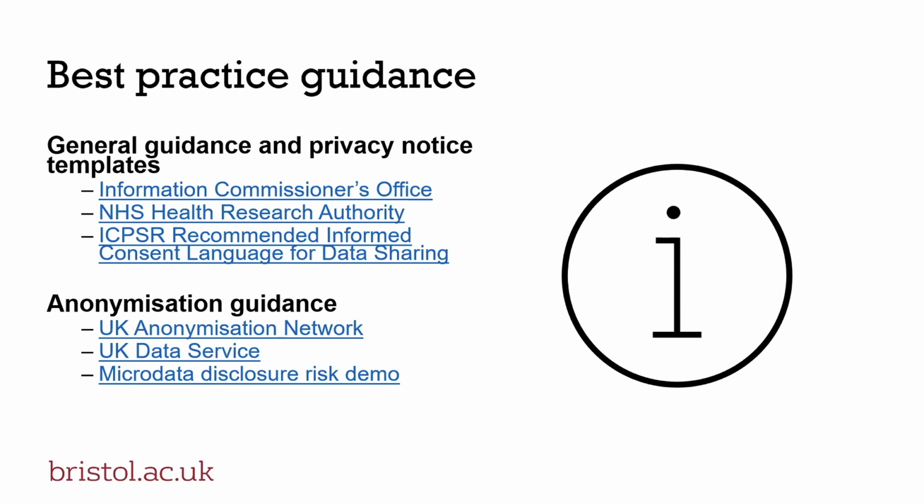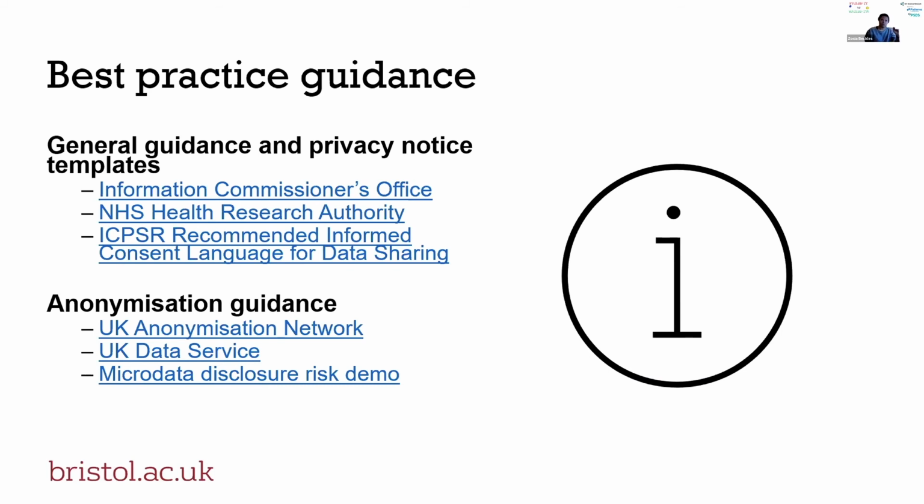And the last thing I've linked to here is a really nice website demo. It's linked to a 2019 study by Rocha, which basically looks at a sample of census microdata and tries to ascertain how many different attributes would be required to identify participants.